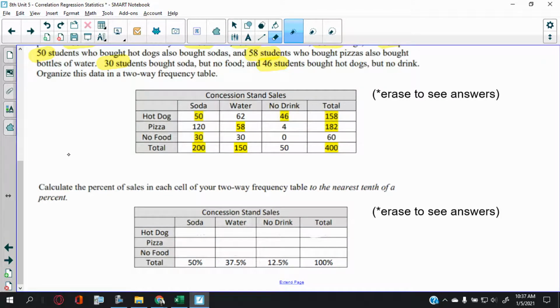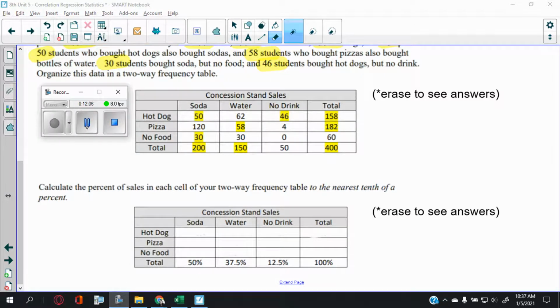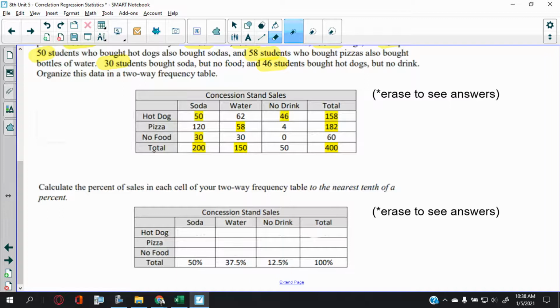Now, having said that, calculate the percent of sales in each cell for your two-way. Okay, so meaning this, right? Hold on, I have to double check something. Okay. Now, the question here is this. Pause to take a look at this. Notice how I actually just wiped everything out, right? Listen carefully.